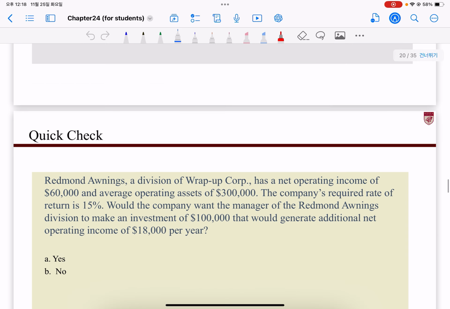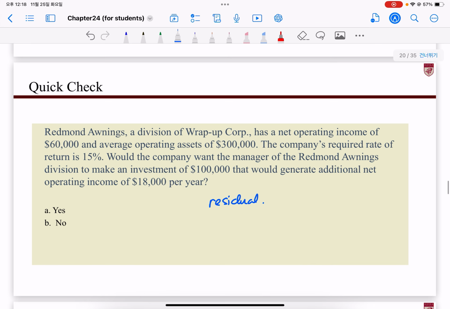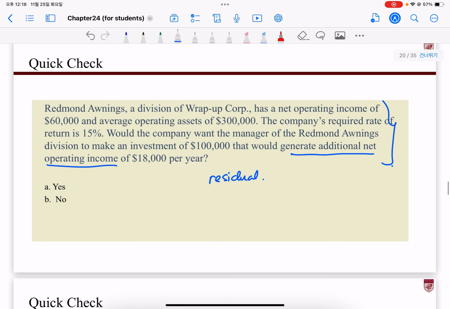But what if you're using the residual income instead? It's the same question. Then would you be able to generate additional operating income, right? So it depends, right? So let us look at the residual income.